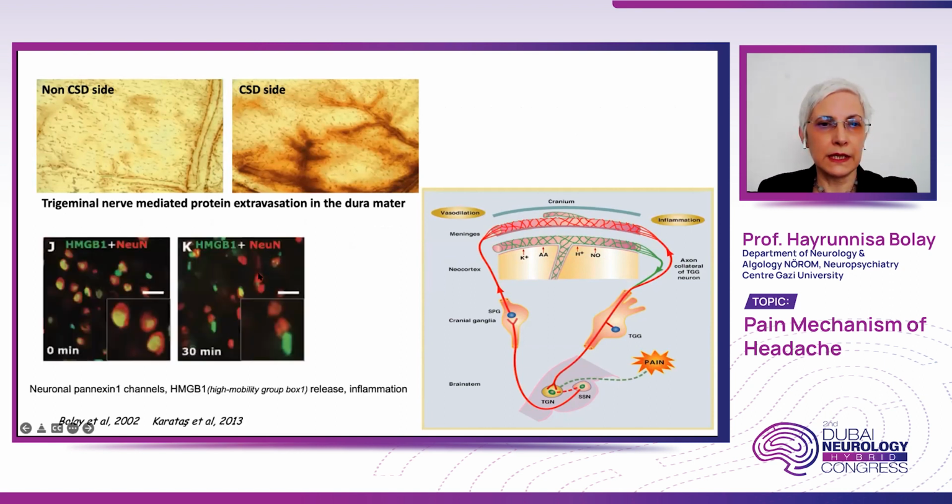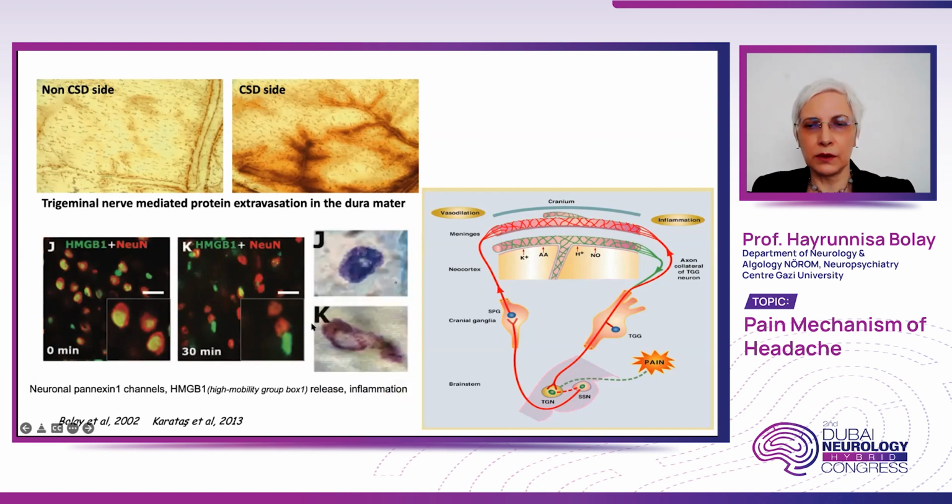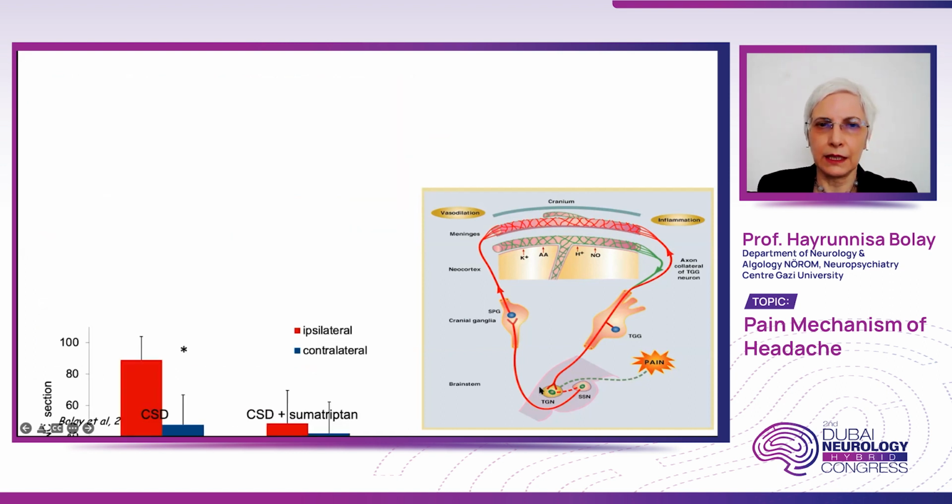And also CSD was shown to induce HMGB1 release from cortical neurons that is also associated with pain response, and also induce mast cell degranulation. So those changes at the periphery, at the overlying dura mater and meninges following the CSD, are also transmitted to the second order pain nuclei.